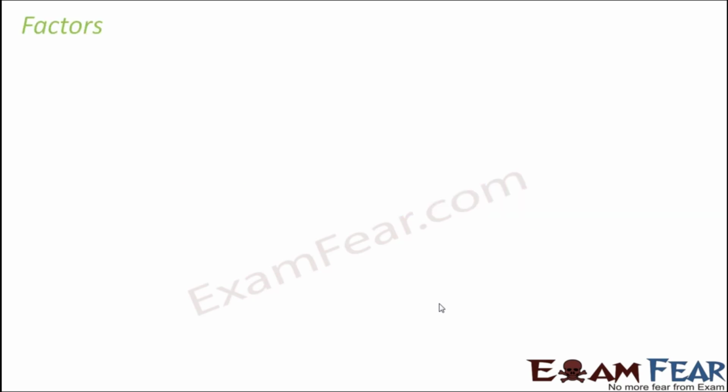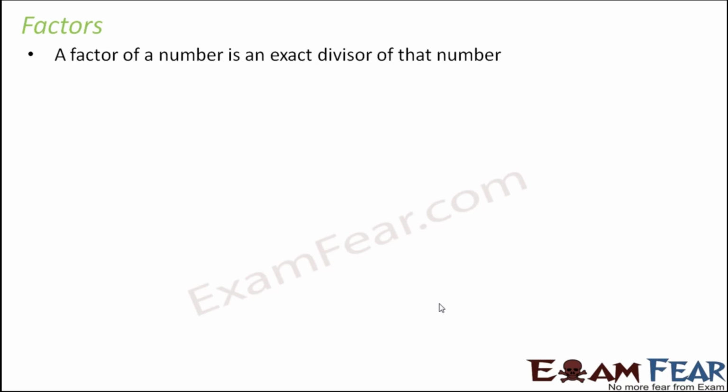So what are factors? A factor of a number is an exact divisor of that number. Now you might ask, what is a divisor? Let us say that we are dividing two numbers. Let us take an example here. Let's say that I have written 4 divided by 2.